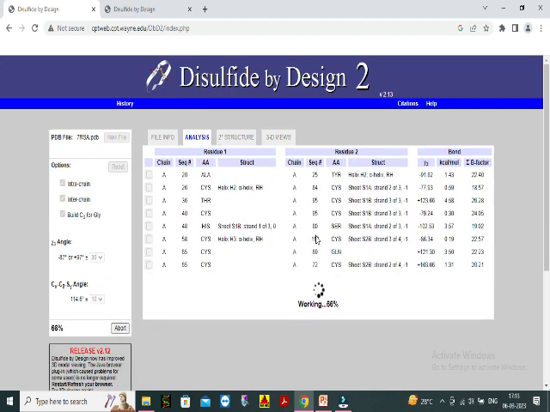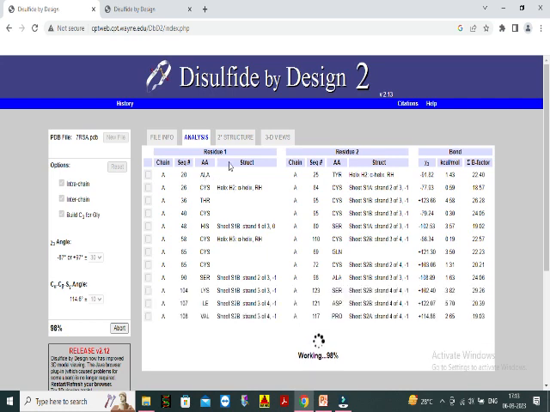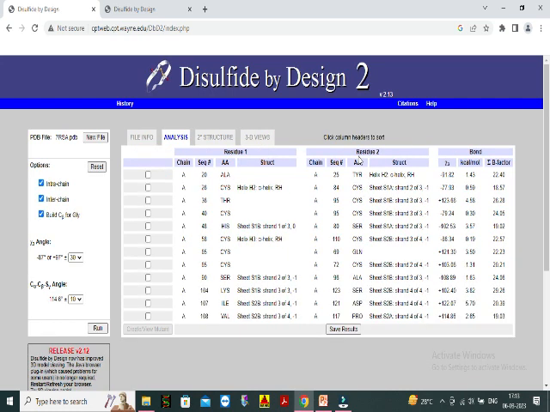Here the result is appearing, with residue 1 and residue 2. That means amino acid 1 and amino acid 2 that form the disulfide bond. This protein has a single chain, chain A, and the second column represents the position of the amino acid.